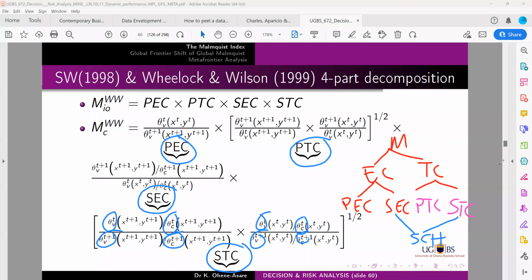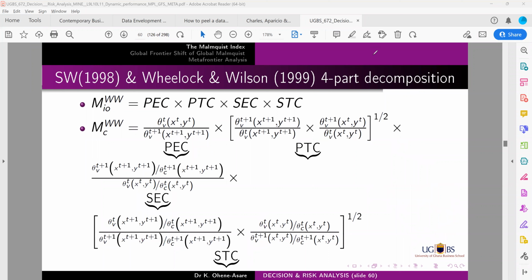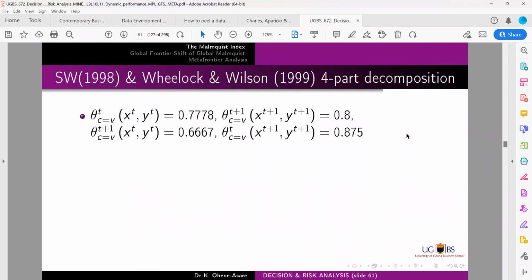All right, let's substitute our values into this and also find the answer for the 4 factor. And all of these are examinable. Okay, so these are the 4 efficiency scores. Let's drop it now. I remember I've told you that the VRS and the CRS are the same.